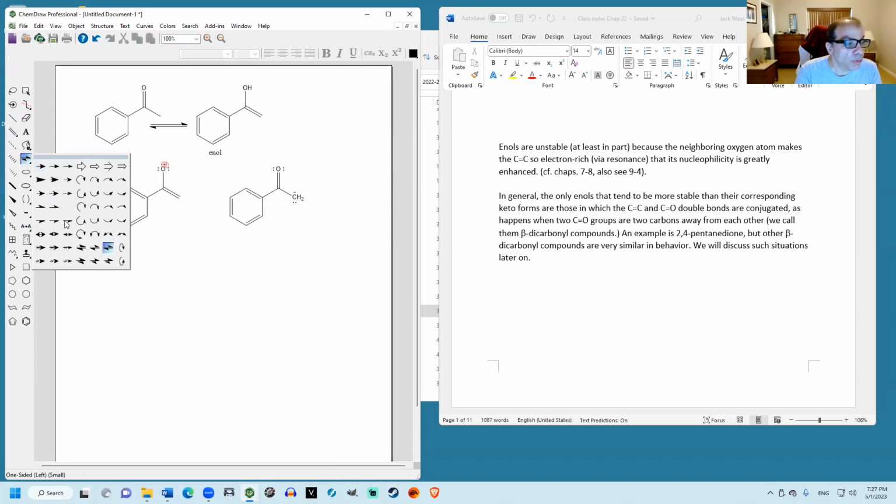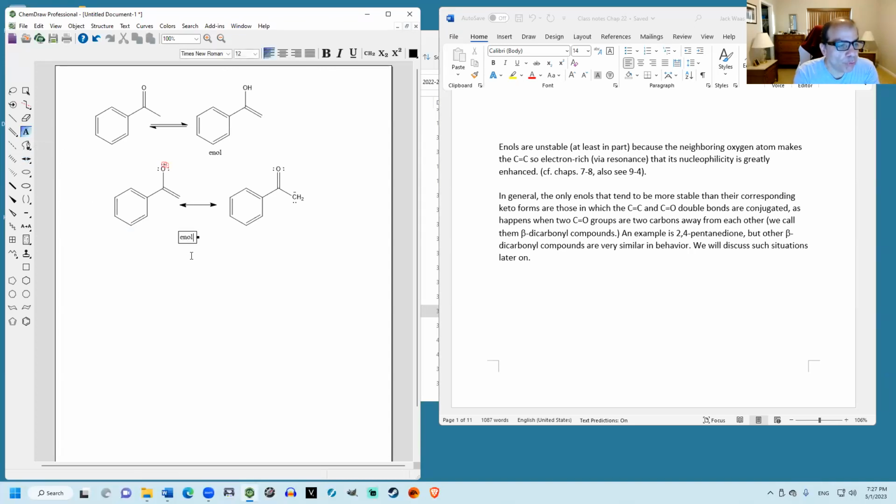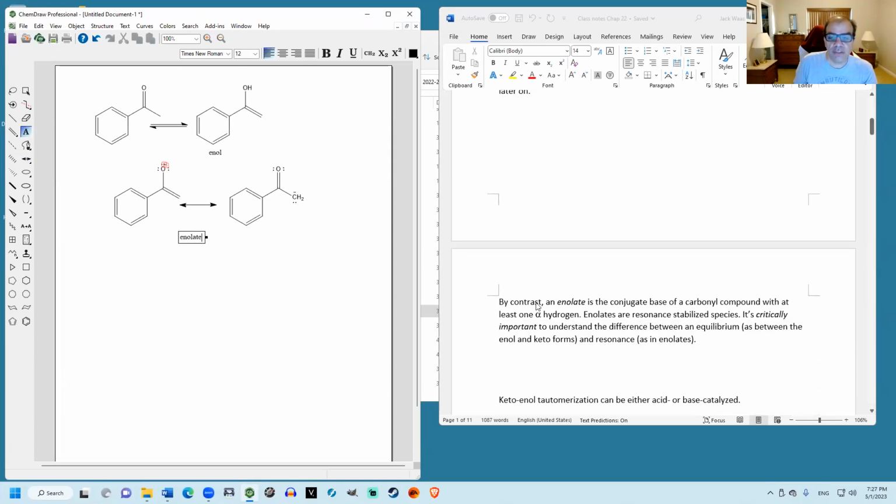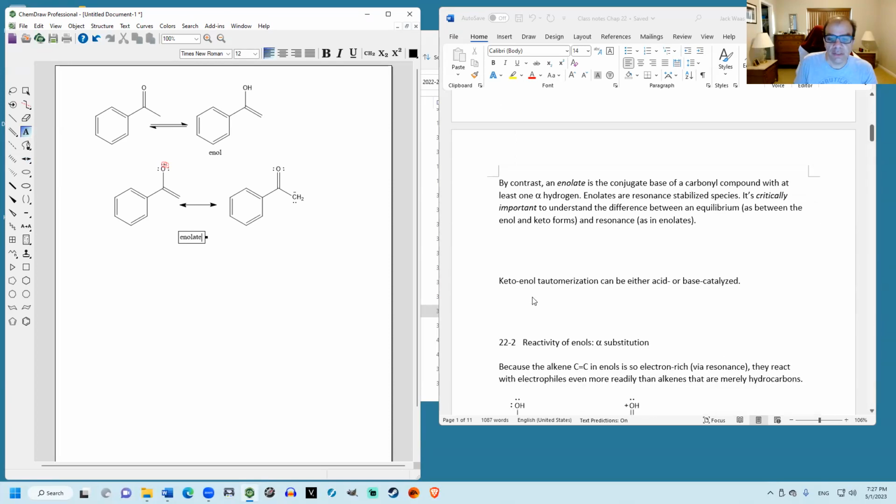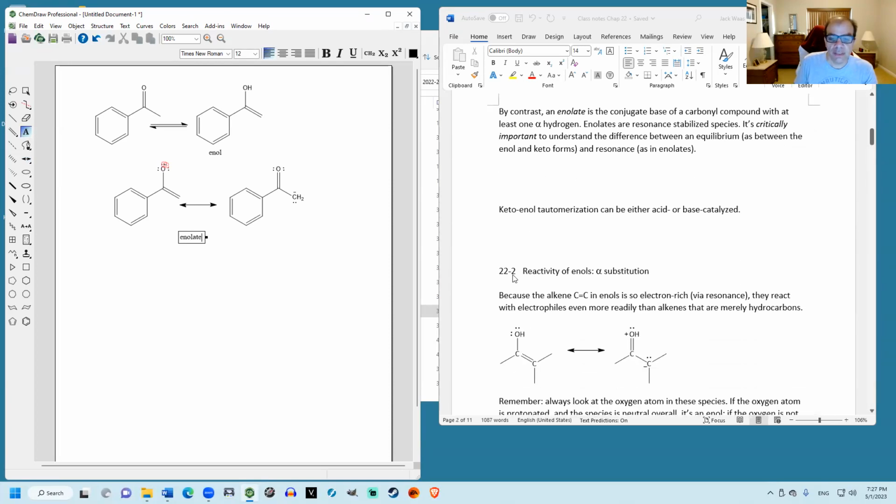Now we do not use an equilibrium arrow, we use a resonance arrow. So this species, whichever way you draw it, is an enolate. And we discussed alpha substitution, both of enols and of enolates.